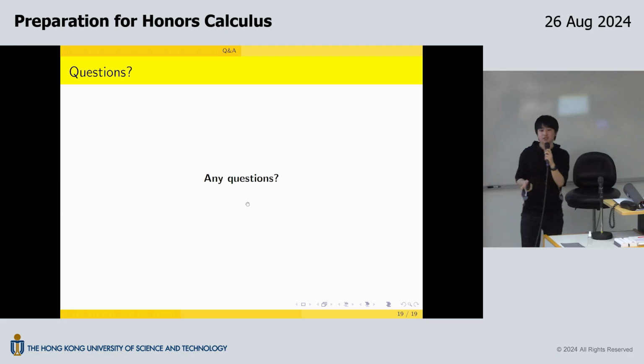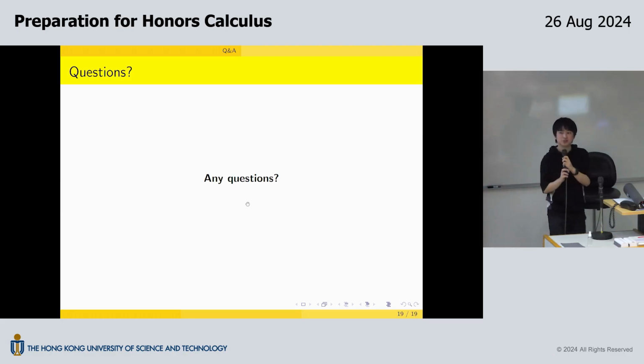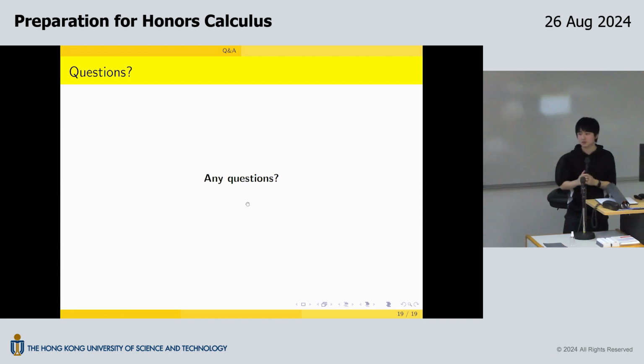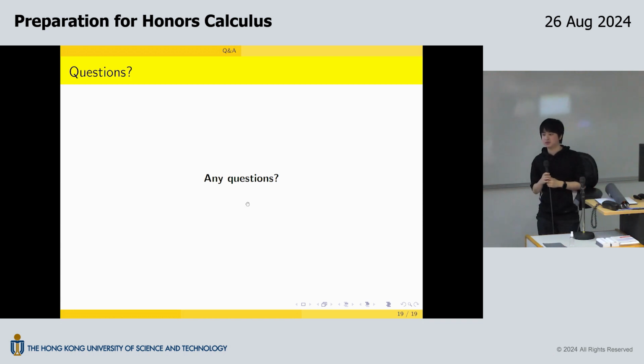Now it's the Q&A session, so you can ask me questions if you have any. Question: a student hasn't taken any math competition or got any prizes. Do you think they have a chance to get admitted to the Chern class? Yeah, I think so.